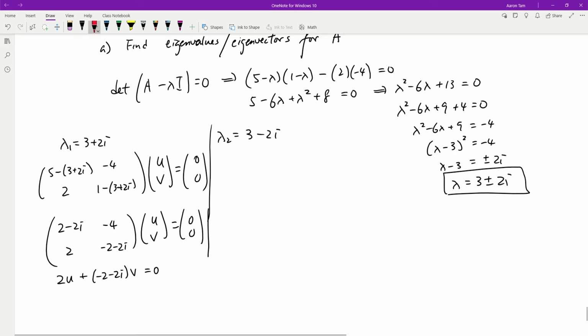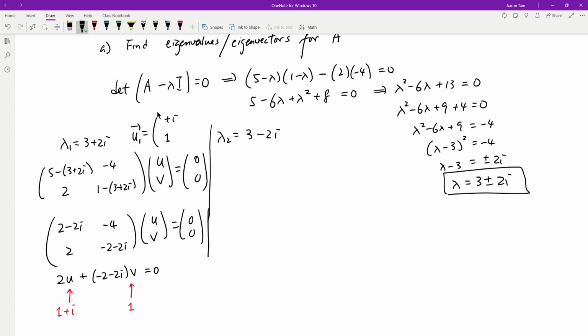I can see that if I let u equal to 1 plus i, and v equal to 1, I will have 2 times (1 plus i), which is 2 plus 2i, plus negative 2 minus 2i, and that would give me 0. So that tells me that vector u1 should be [1 plus i, 1].